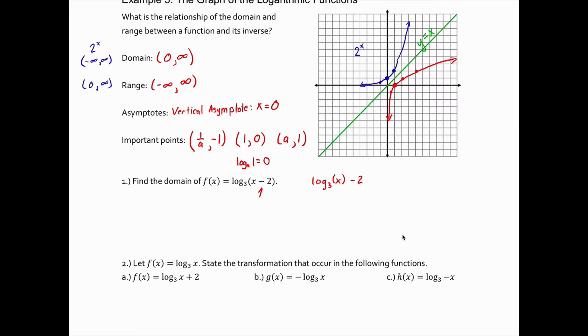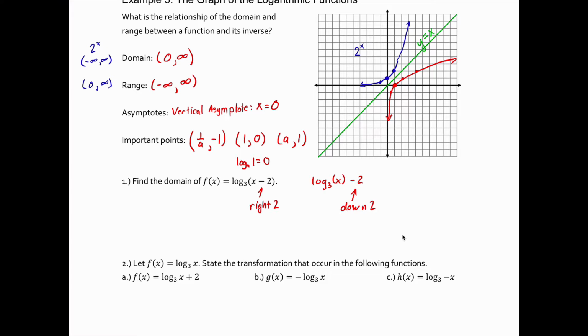This is going to cause a shift to the right by 2 units. Where this one over here, notice that that is outside the function, so it's not going to be affecting the x-axis. It will go down 2. So this will affect the domain. It will affect the input.